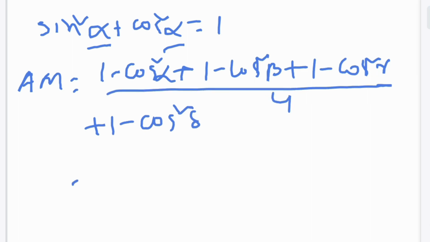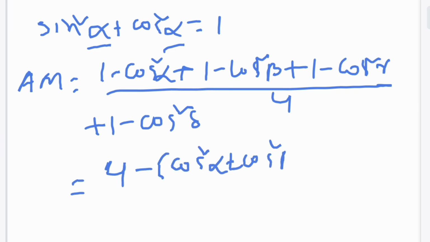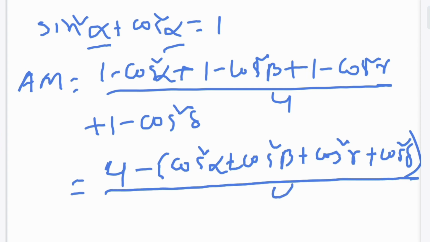So there are four 1s, so 4 into 1, that is 4, minus, if we take minus common, this will be cos square alpha plus cos square beta plus cos square gamma plus cos square delta, over 4. 4 minus, and you can see the value of this expression is 1, over 4. So this is simply 3 over 4.